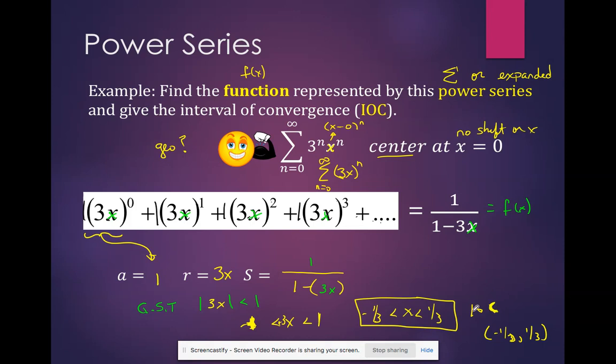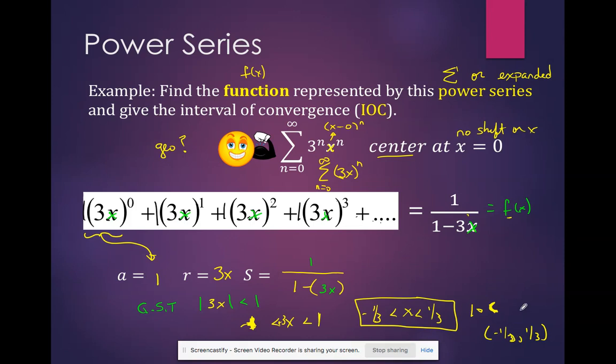Any x between negative 1/3 and 1/3, you can plug into here, and you know that the range value of this function is your infinite sum of the infinite polynomial, or the infinite geometric series, when you replace x with that number, right?